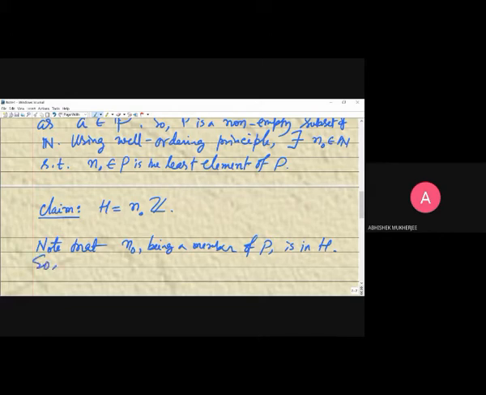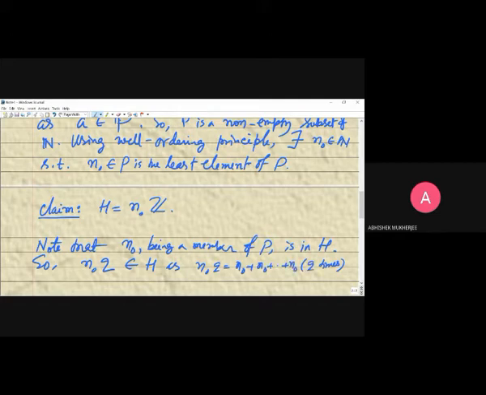And so any multiple of N naught must be in H, because N naught Q is N naught plus N naught plus N naught, Q times.